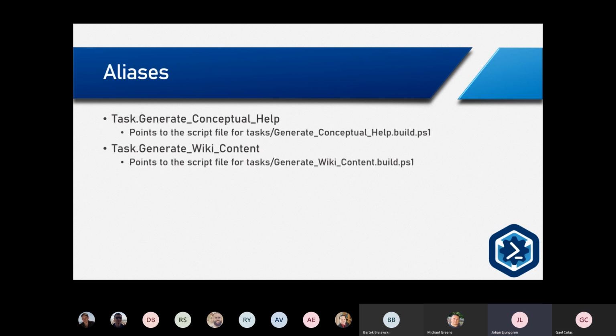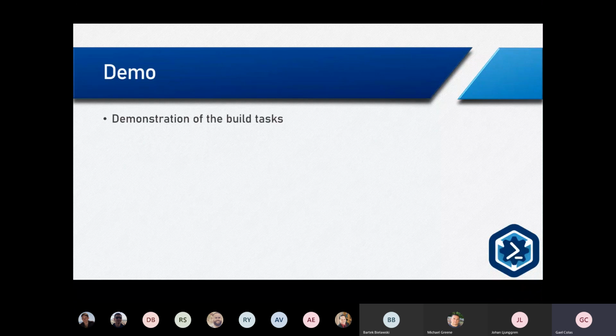The aliases here are for Invoke-Build to help find these build tasks, and these aliases point to each script file. This is just a workaround to make it possible to export the build tasks. It's the way Invoke-Build works to discover and load external tasks.